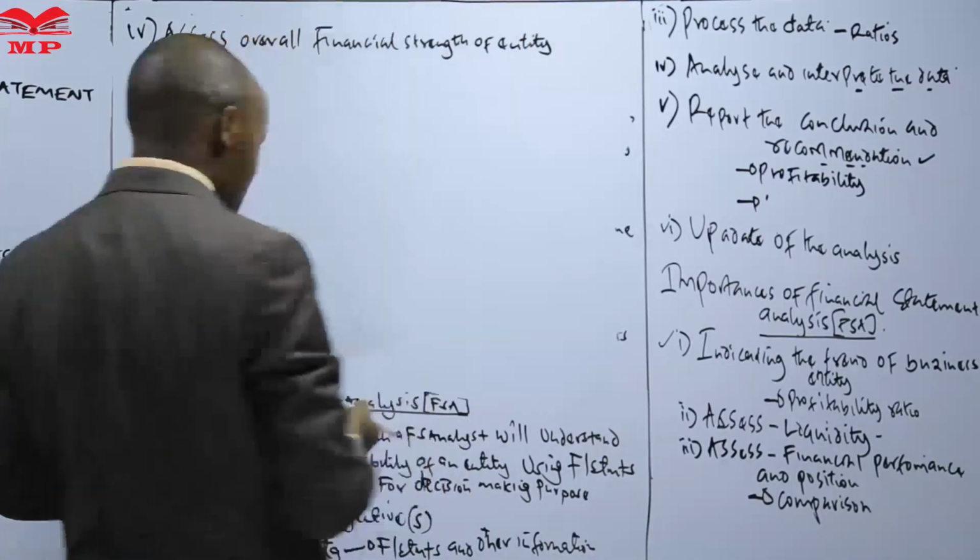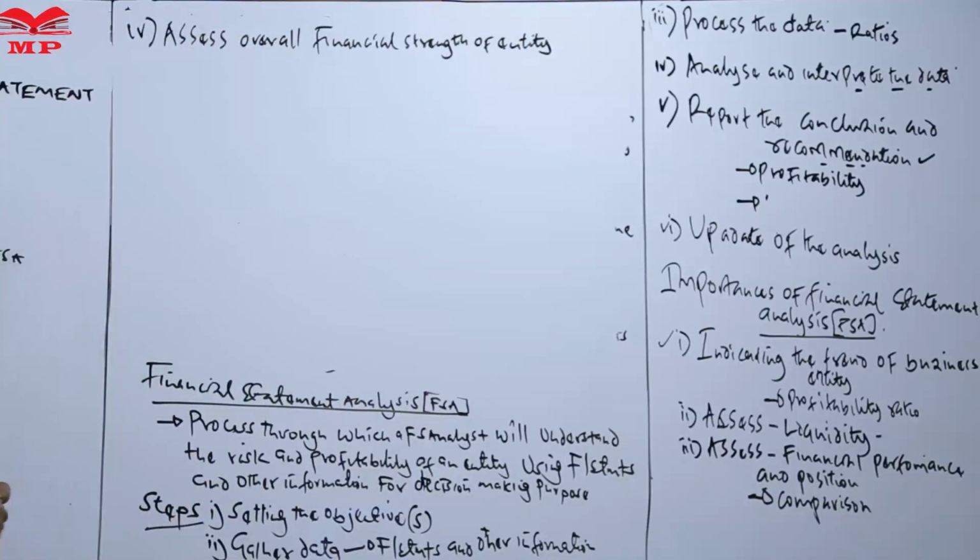In this particular case, the information provided by financial statement analysts helps the various users in assessing the overall financial strength of the entity, because the users can compare, for example, what are the assets of the company and what are the liabilities, and from that they can say whether the company is financially healthy or not.